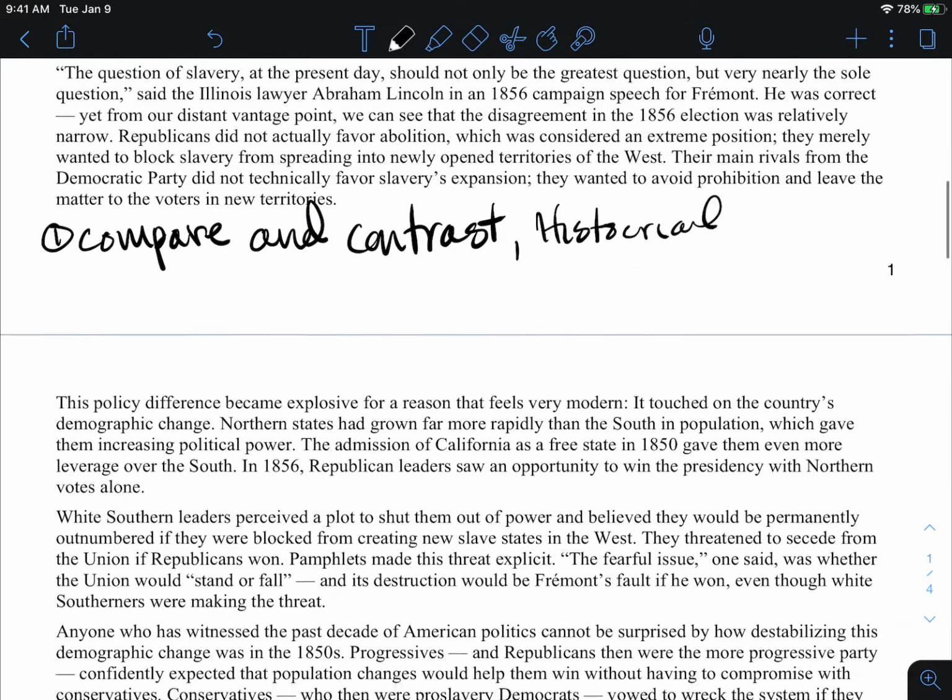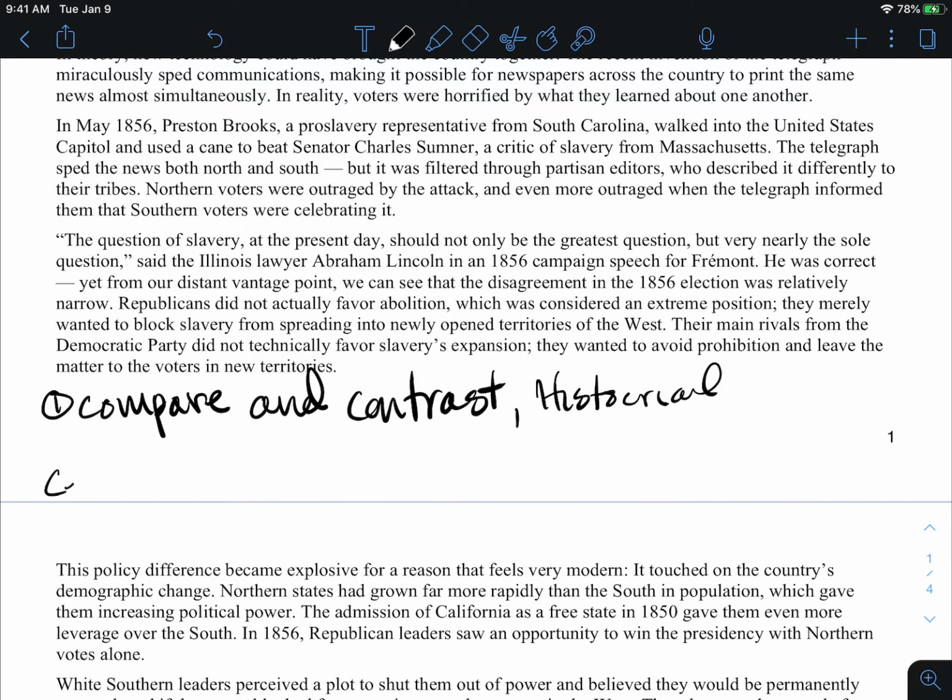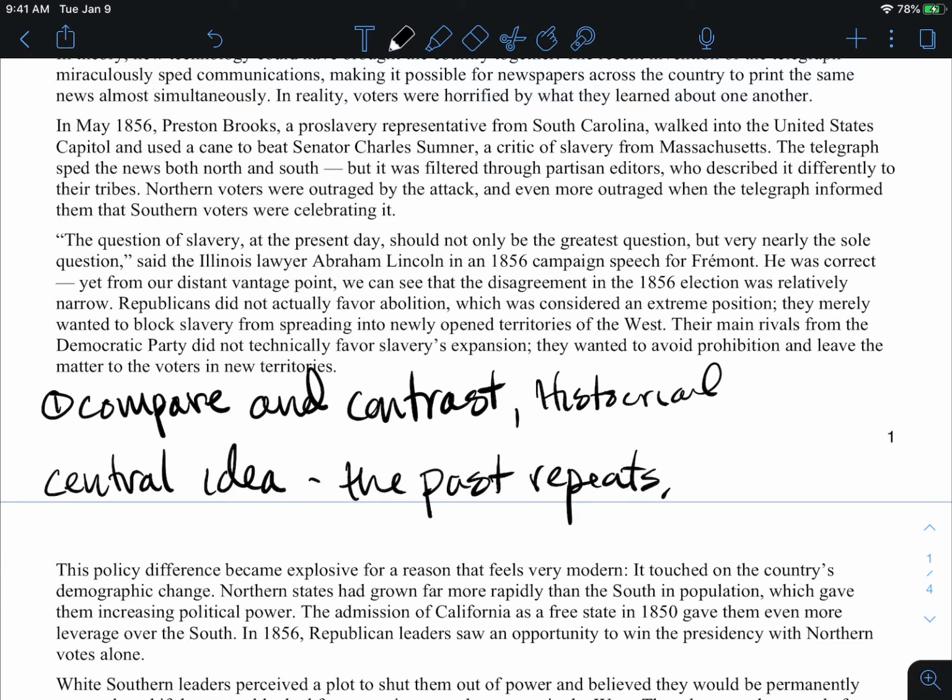And that central idea in general is the past repeats. Careful what you repeat.